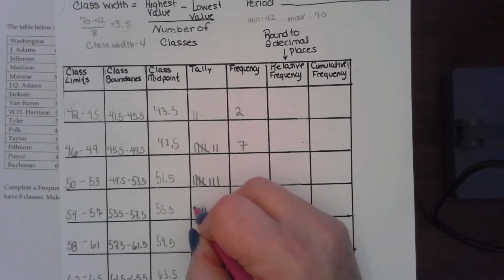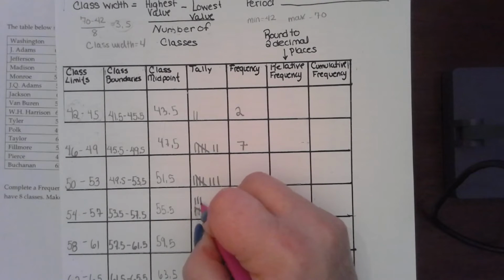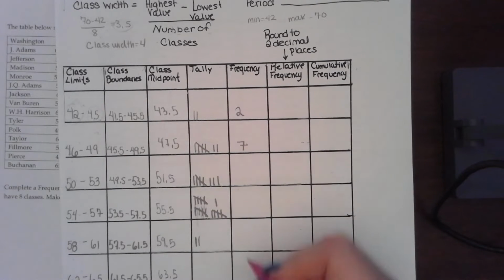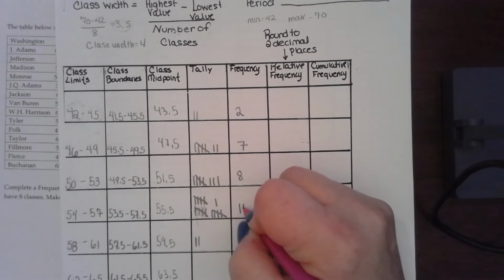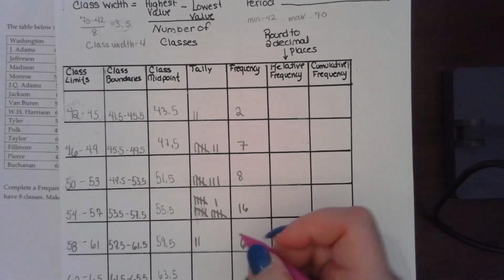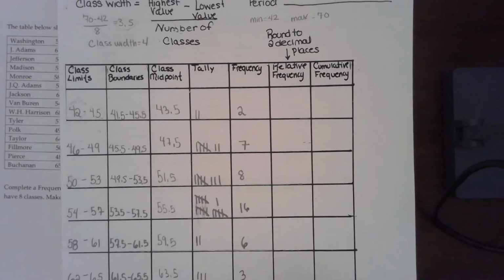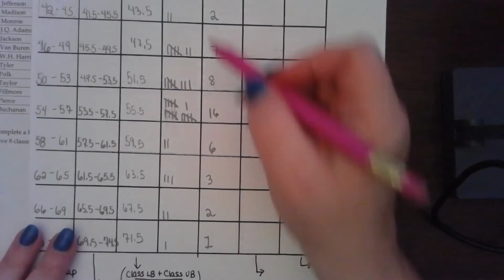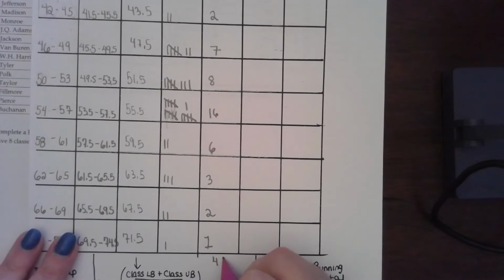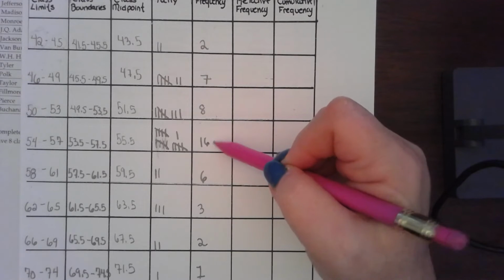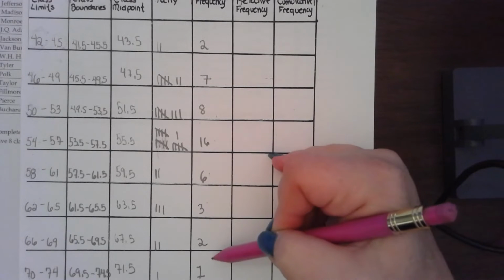Then 6, and 3. I did this on another sheet of paper so you guys could see it, but I wanted you to do your tally marks. When we summarize this, our total frequency should be 45. So we have 2, 7, 8, 16, 6, 3, 2, and 1.